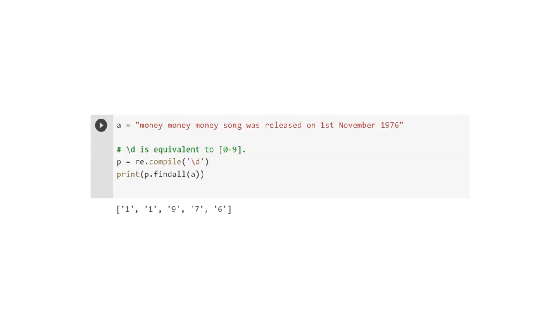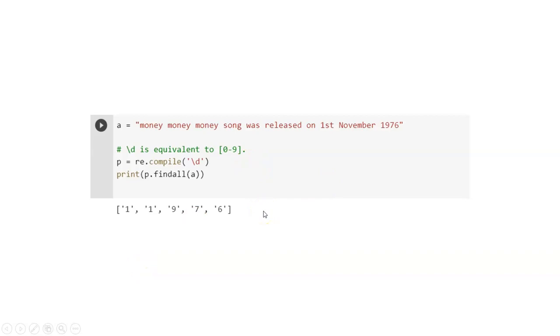Use it appropriately. Here /d is equivalent to 0 to 9. So it is going to search for a number from 0 to 9. So there is 1 here, 1 here, 9 here, 7 here and 6. That's what this has formed.